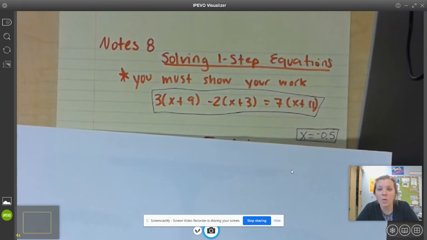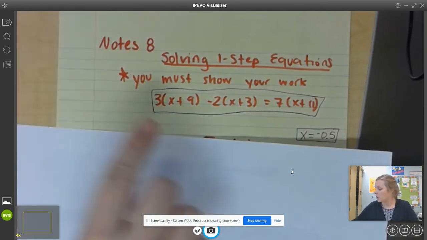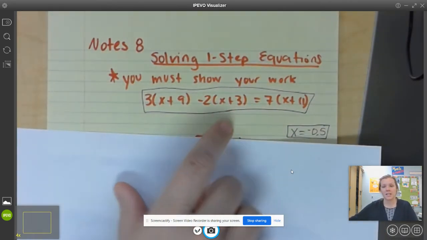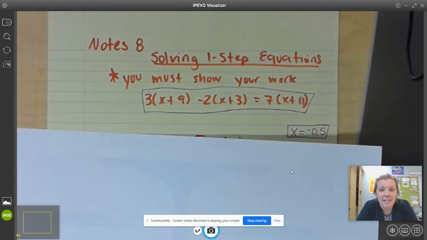And so the whole point of us practicing to solve one-step equations is to learn how to show our work so that we're able to show our work on a more complicated one like this to find the missing value, to find that variable x. So the most important thing you can take out of this lesson is to learn how specifically I want you to show your work.